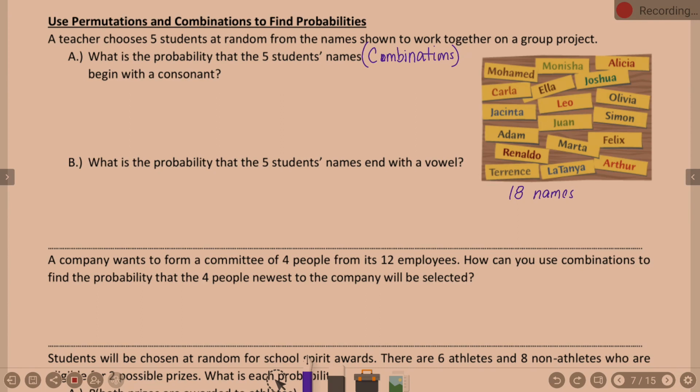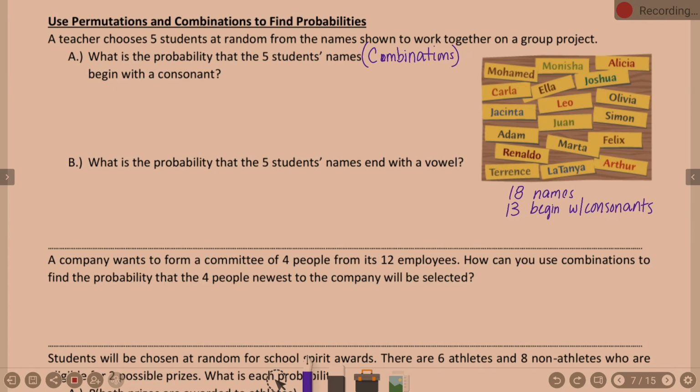What's a consonant? Opposite of vowels, right? So not A, E, I, O, U. How many begin with consonants? What was it? 13? So 13 begin with consonants. Okay, so that's what we need for this first one here.